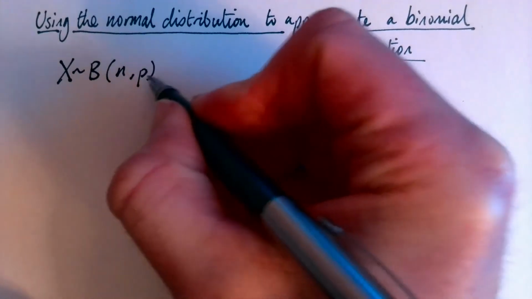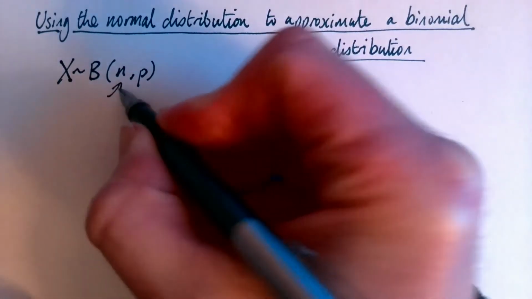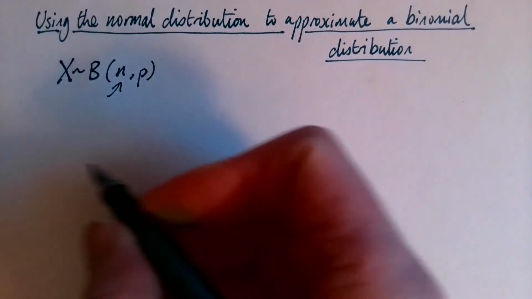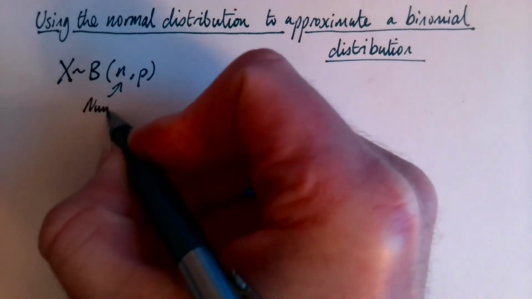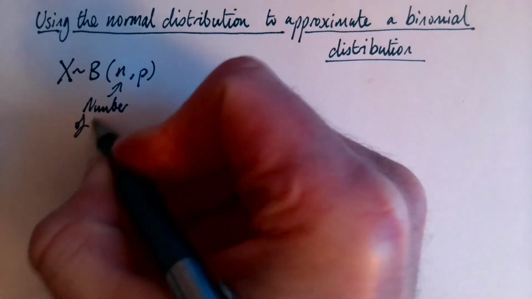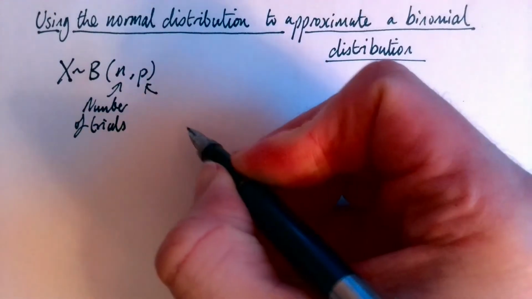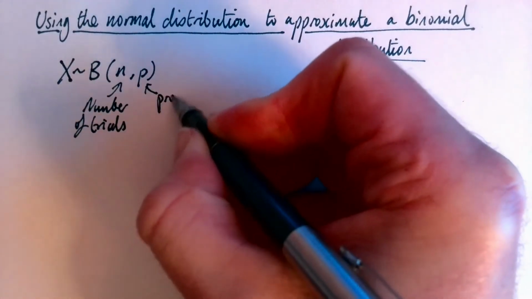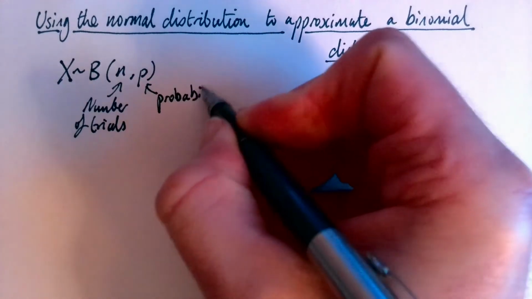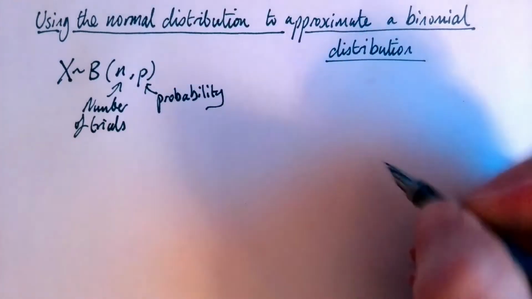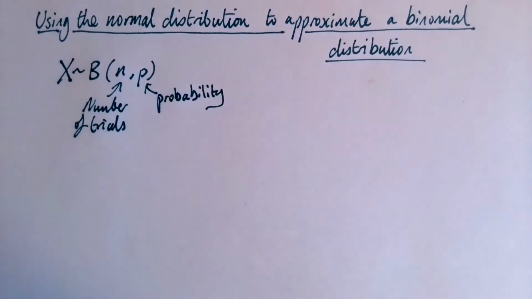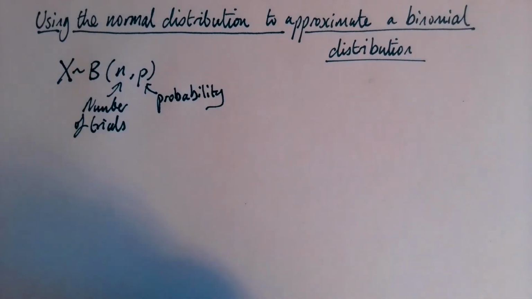The first number inside there is our number of trials, and the second number is p for probability. And as I said, the formula booklet only goes up to n equals 50.